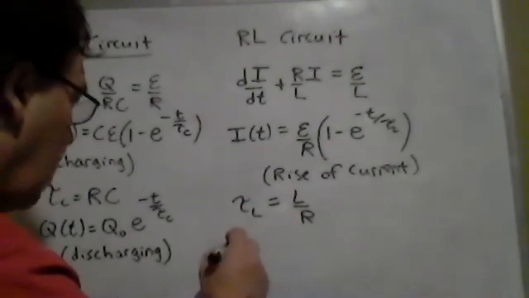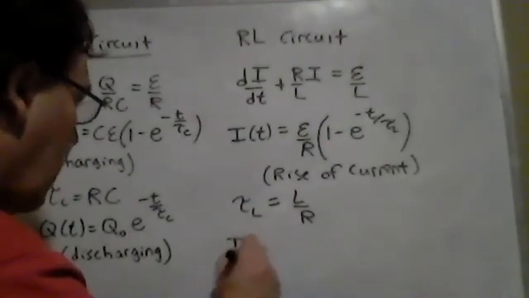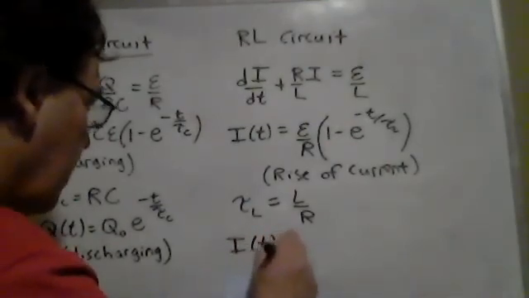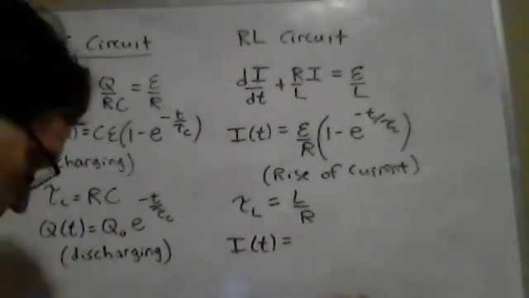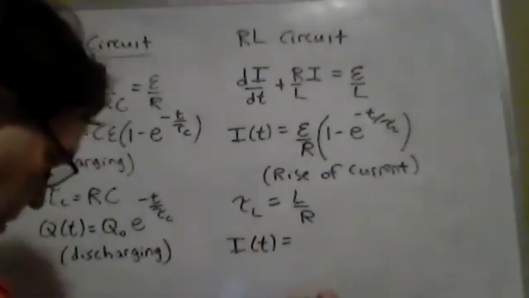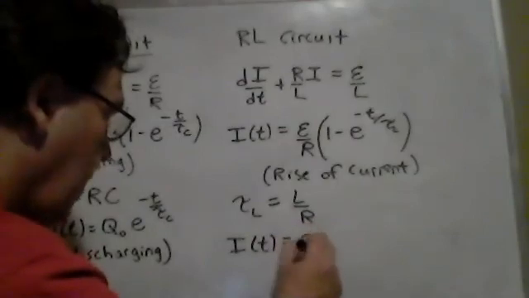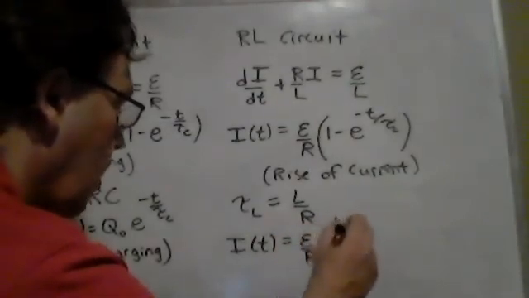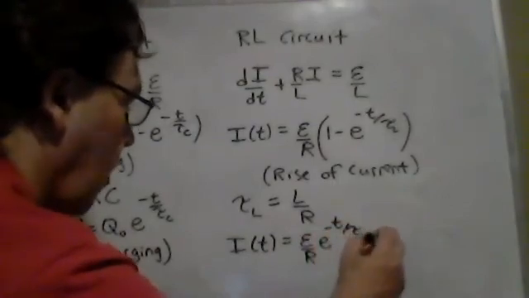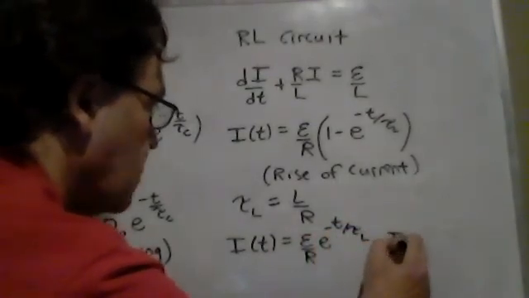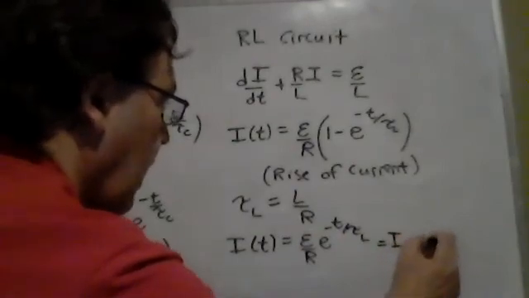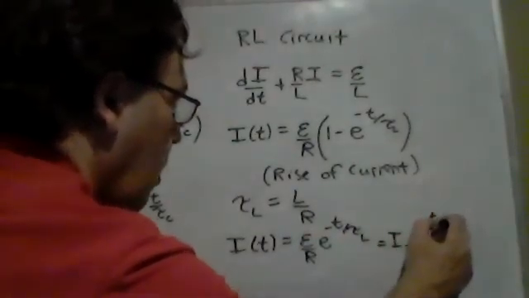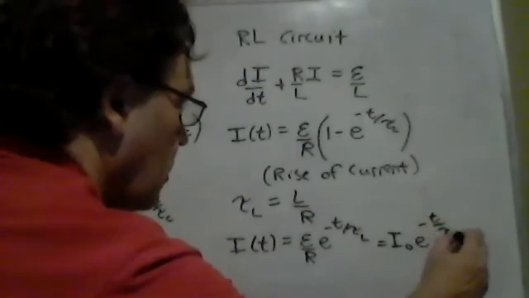My falling current would be I of t equals some initial current, I naught, or we'll say epsilon over R, possibly, times e to the negative t over tau sub L, or I naught e to the negative t over tau sub L.